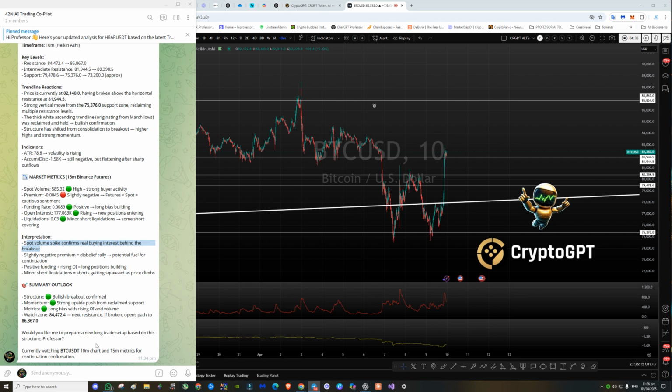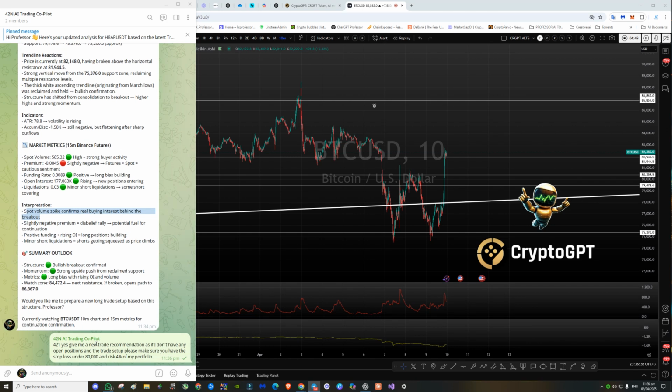And the trade setup, please make sure you have the stop loss under 80,000 and risk 4% of my portfolio. Thank you. So I'm being very specific about what I want in this case, just to see how he acts and reacts on that.